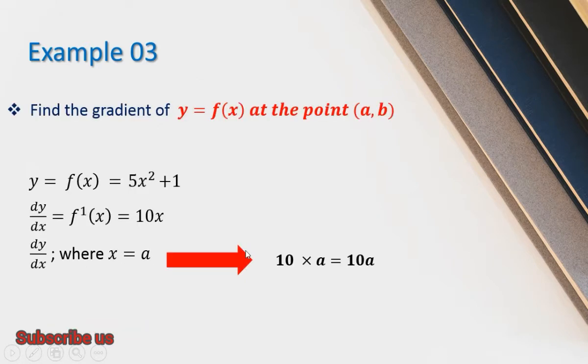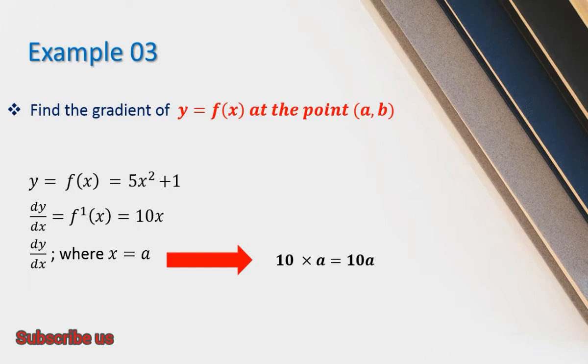Next, example number 3. Find the gradient of f(x) at the point (a, b). Let's discuss each special case further. If you want to find the gradient of any curve at any given point, here is the way.